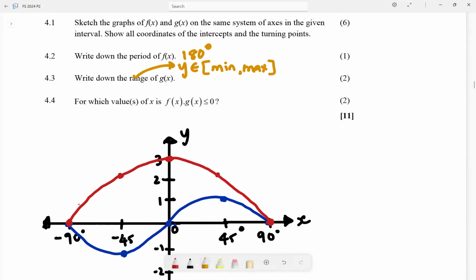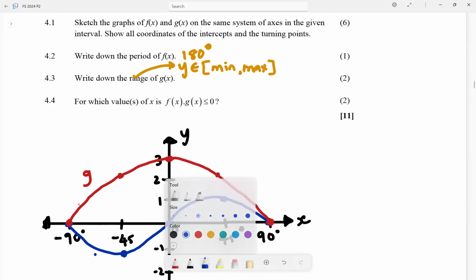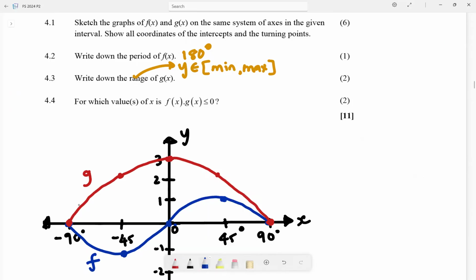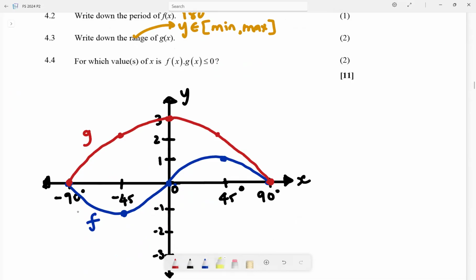One thing that you should do, it is labeled, this is your G graph, this is your F graph. Okay. Now, your minimum is the lowest value. Can you see now? The lowest value for graph of G is 0. We are talking about the Y value, the lowest Y value. It is how much? It is 0.